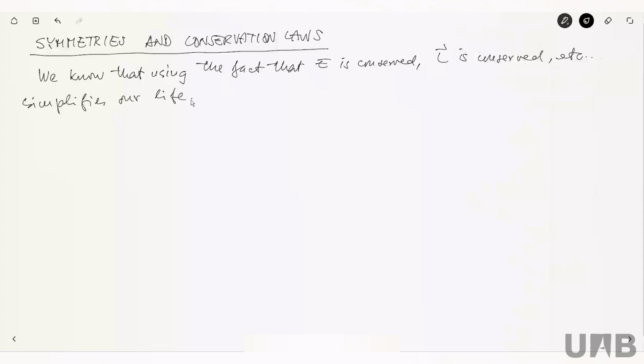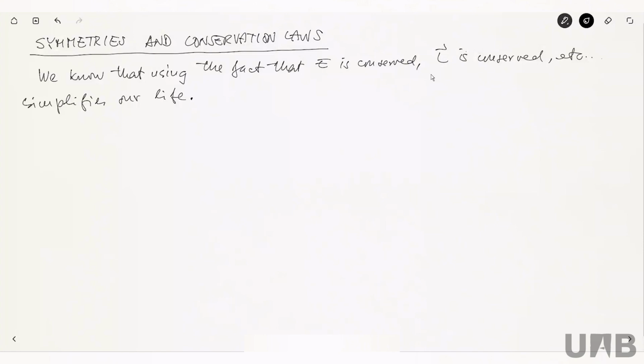Makes the solution of the equations of motion simpler, okay? And so that's why we care about these quantities. And if there are other quantities which are conserved, so that's even better, okay? So we don't care particularly about energy and angular momentum, okay, unless they are conserved.